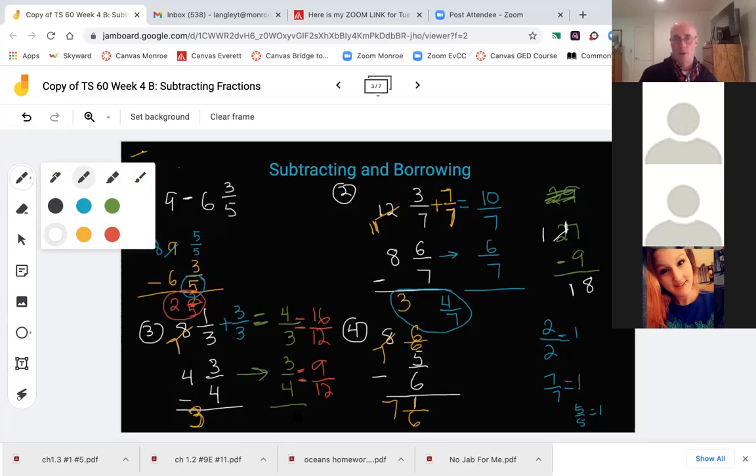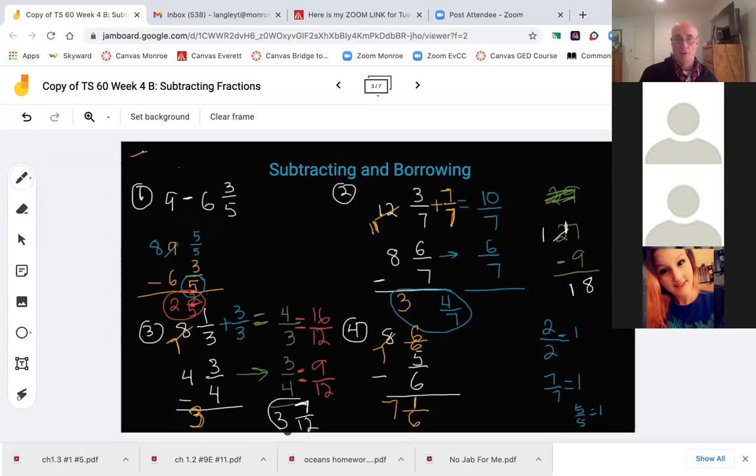So I'll bring down my 12. And 16 minus 9 is 7. Okay. And I've got really an answer of 3 and 7/12. So I'm going to put this over here and make sure my teacher knows that I didn't forget the 3. 3 and 7/12. Let me give you a moment to finish copying that one.